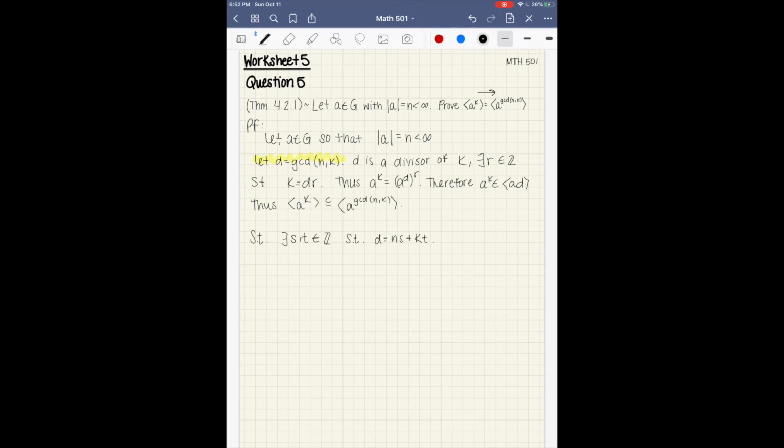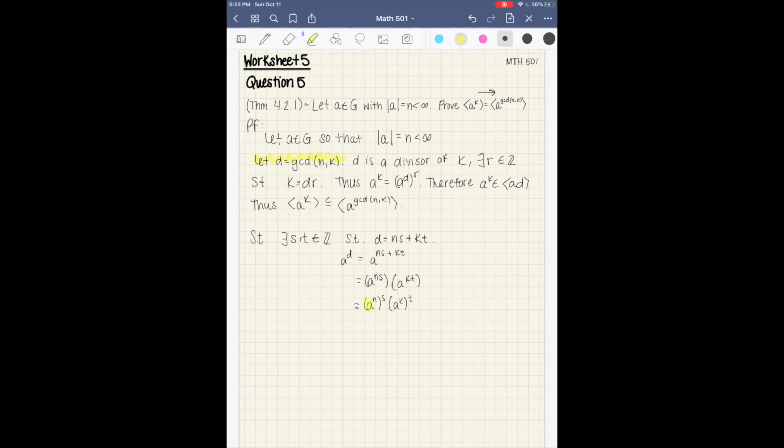So then if we think of a^d, we can write this as a^(ns+kt). And then by the rules of exponents, we can split this up to be a^(ns) times a^(kt), and again to be (a^n)^s times (a^k)^t.